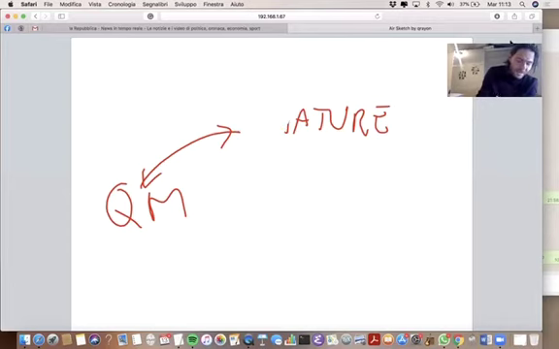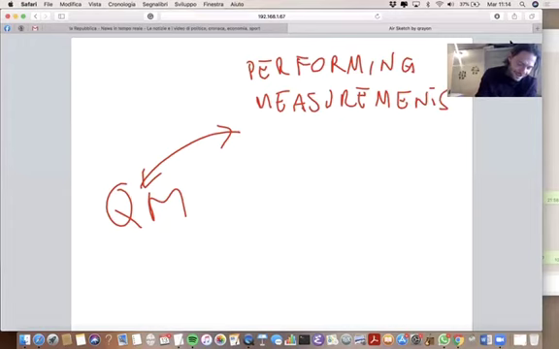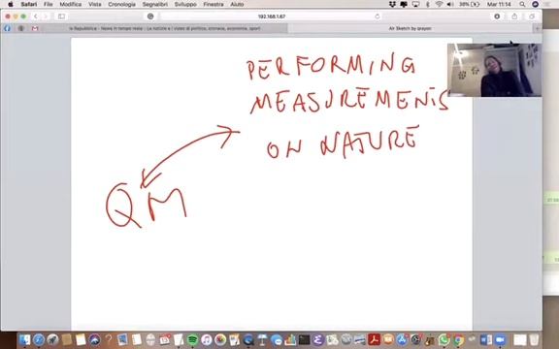No, quantum mechanics is a theory of performing measurements on nature. I would like you to spend a minute trying to think about this huge epistemological difference: giving up the idea that I understand nature, because I can never understand nature if I have to interact with nature with probes.